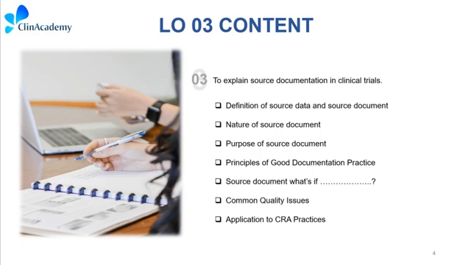The content of the third learning outcome covers the definition of source data and source document, nature of source document, purpose of source document, principles of good documentation practice in source documentation, source document what-if situations, common quality issues related to source document, and application to CRA practices related to source documentation and source documents.